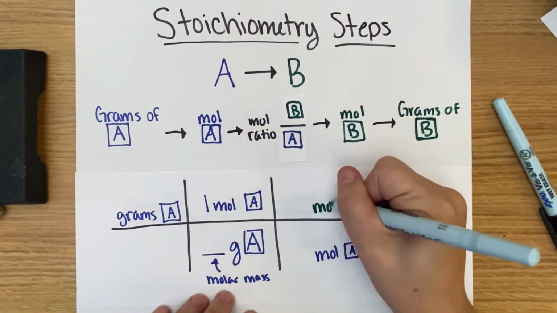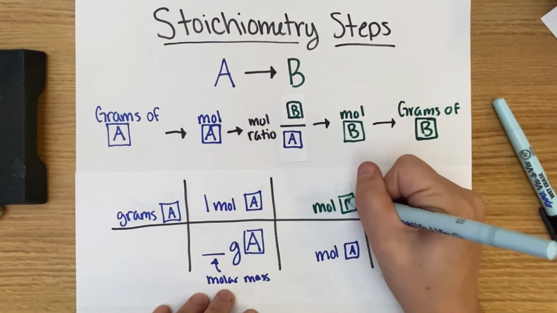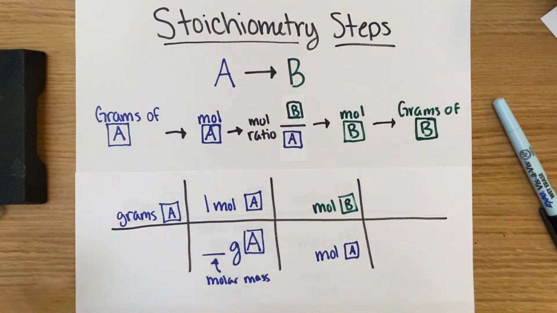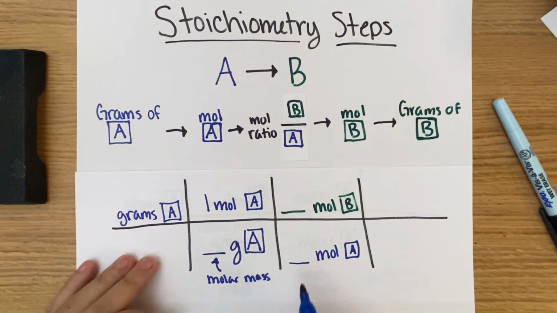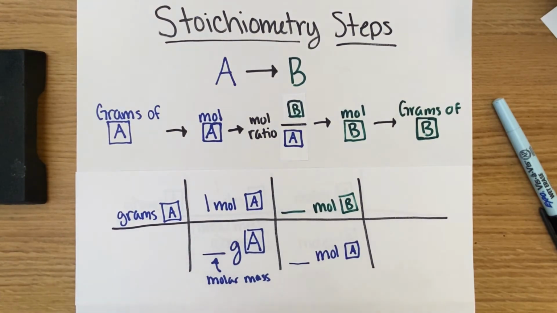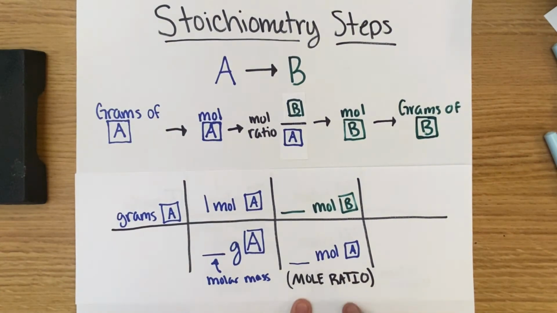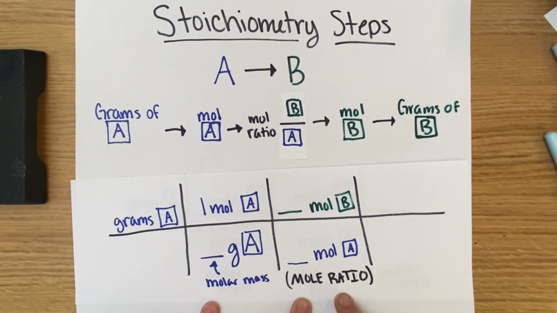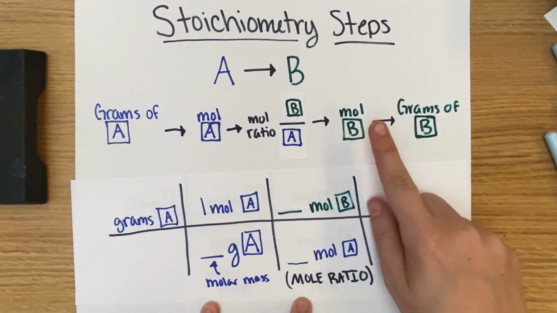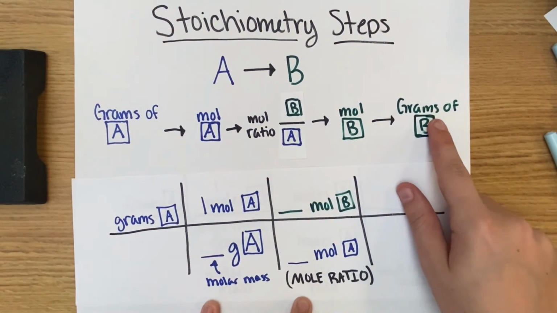And the moles that we're trying to get to will go on the top. And the way we figure out what goes in these blanks is from the balanced chemical reaction. Once we've filled in that mole ratio from the balanced chemical reaction, the last step is going to be to convert back to grams of B.